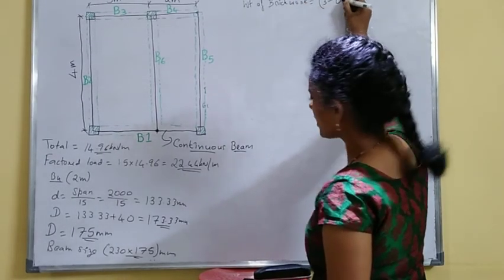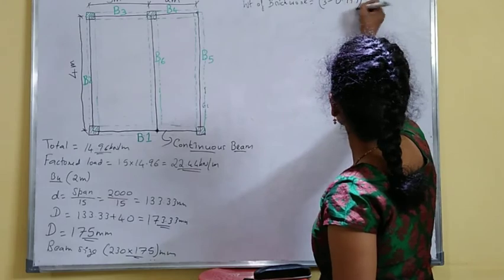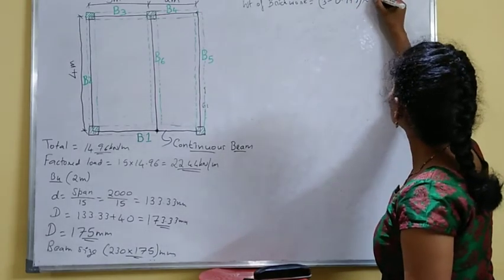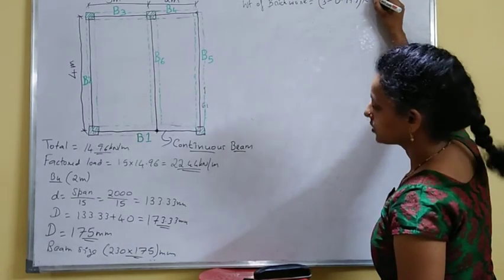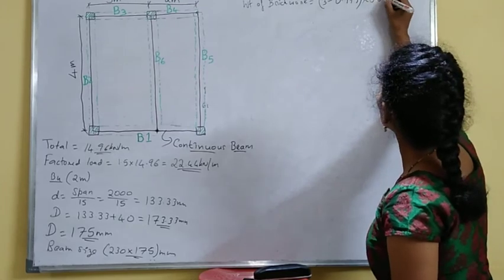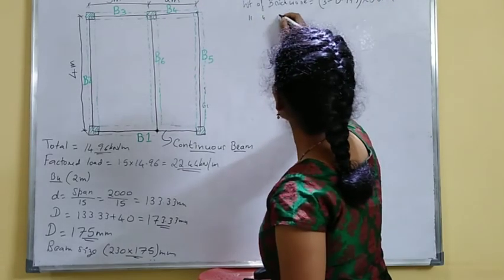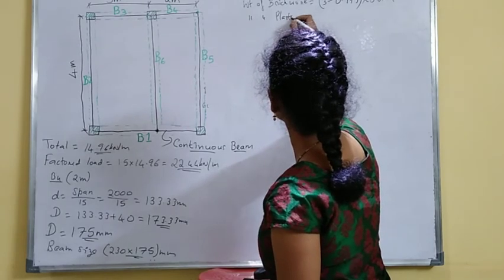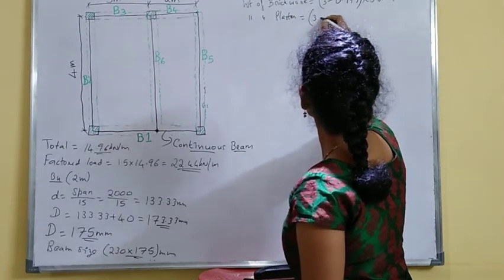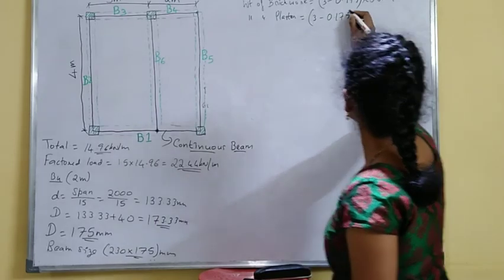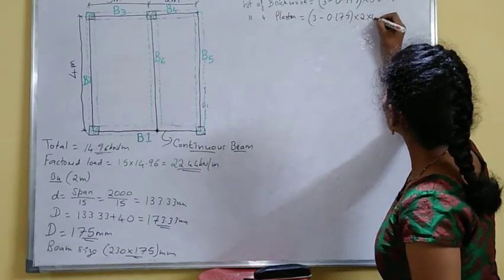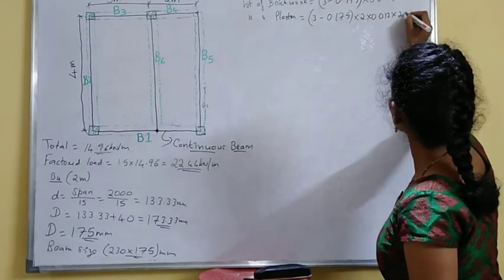Weight of brickwork: 3 minus 0.175 into 0.23 into 19.2. Weight of plaster: 3 minus 0.175 into 2 into 0.012 into 20.